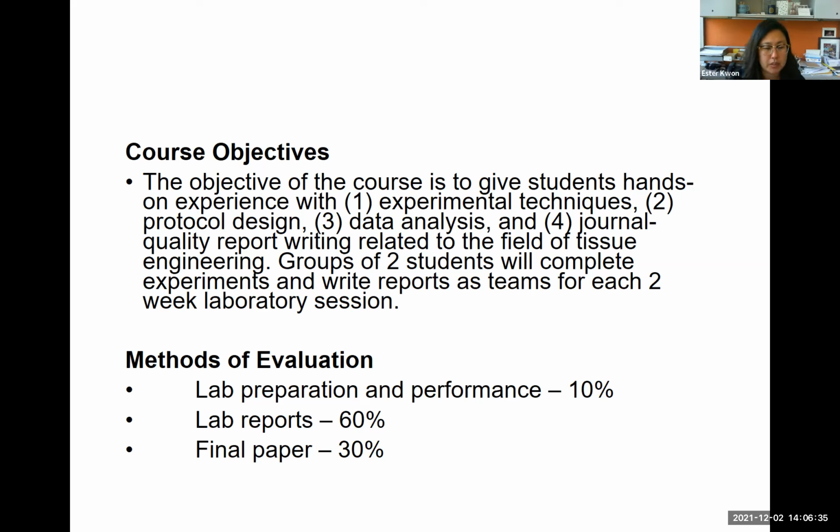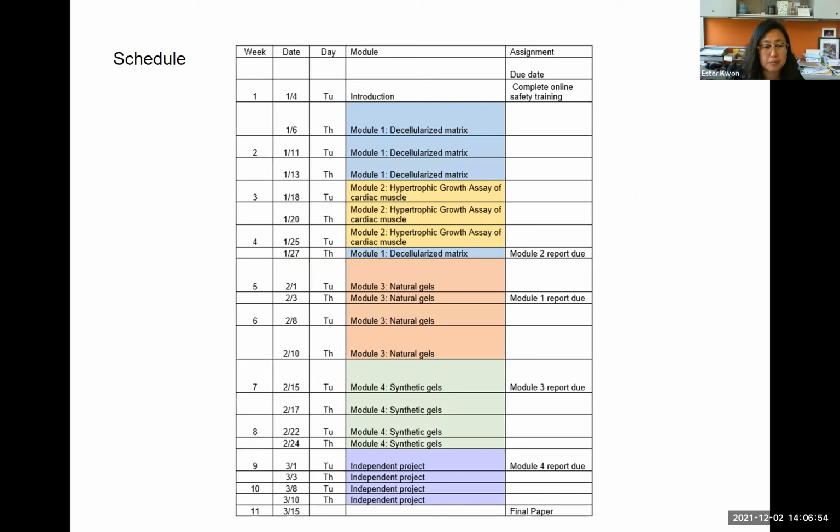And the ways that you'll be evaluated is your preparation and performance. So this is kind of like attendance, and you're using your lab time appropriately. 60% of your grade will be lab reports, and then 30% of your grade will be a final paper, which will be based on an independent project that you'll do in the course.